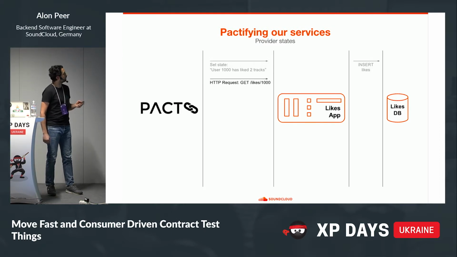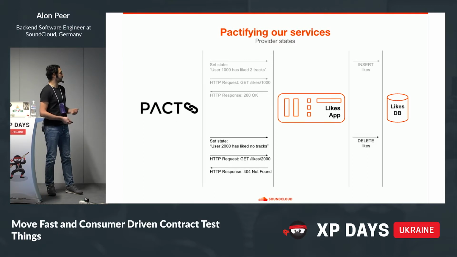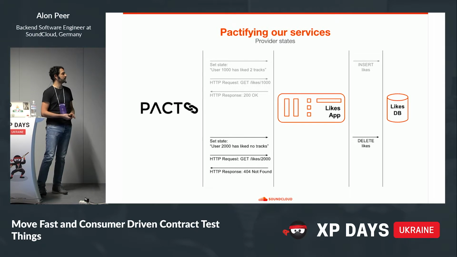The next step will be that the Pact framework will send me that HTTP request for get likes /1000. And now I can safely know that I will respond with a 200 with that payload because we've set this up before. The same idea goes with the second case where we have a user that hasn't liked any tracks, and so we probably will not do anything, or delete anything that might have been there before for that user.